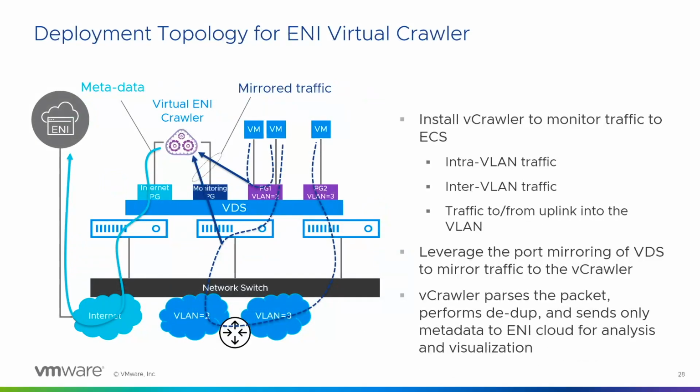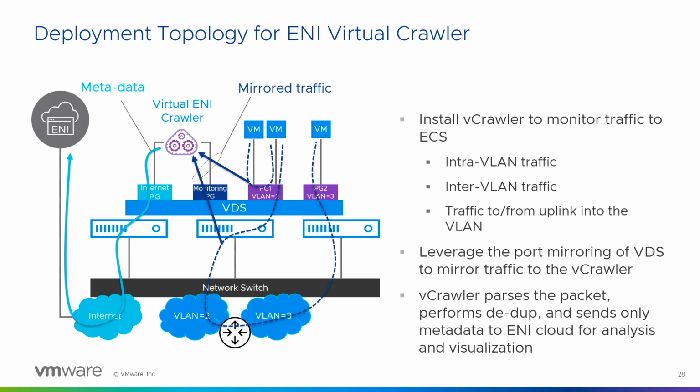So I think, earlier, you're like, oh, what is this ENI, Edge Network Intelligence? And, to put it in a very simple way, it's essentially a VM that you can deploy in either a single node or a vSphere cluster.